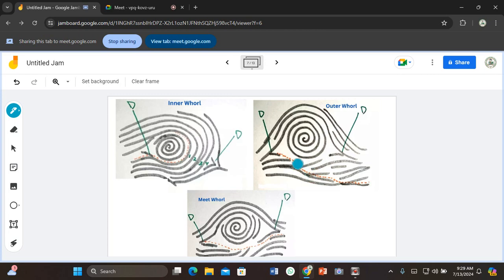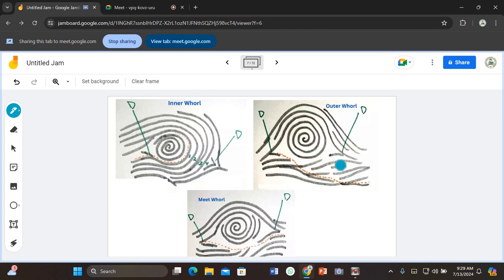If you trace from here and you trace like that, on getting here, if you discover that between the tracing ridge and the delta you have at least 3 or more ridges, counting the number of ridges that you have here, you will not count the delta and the ridge.